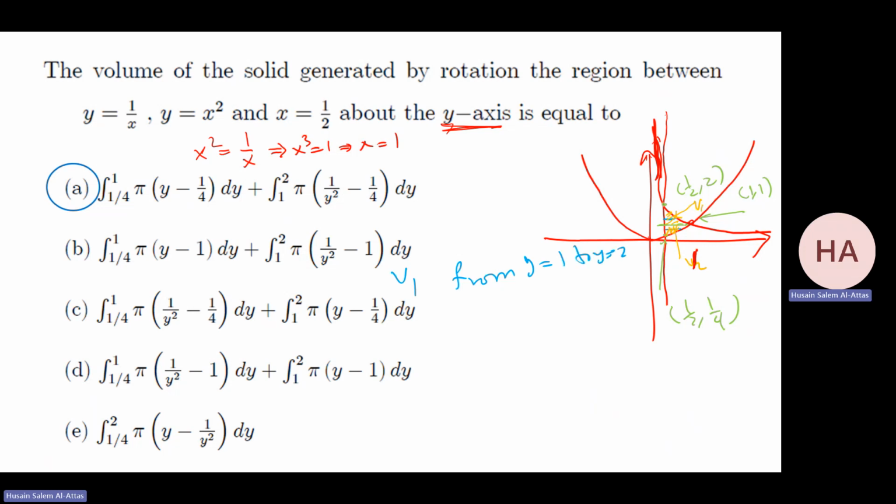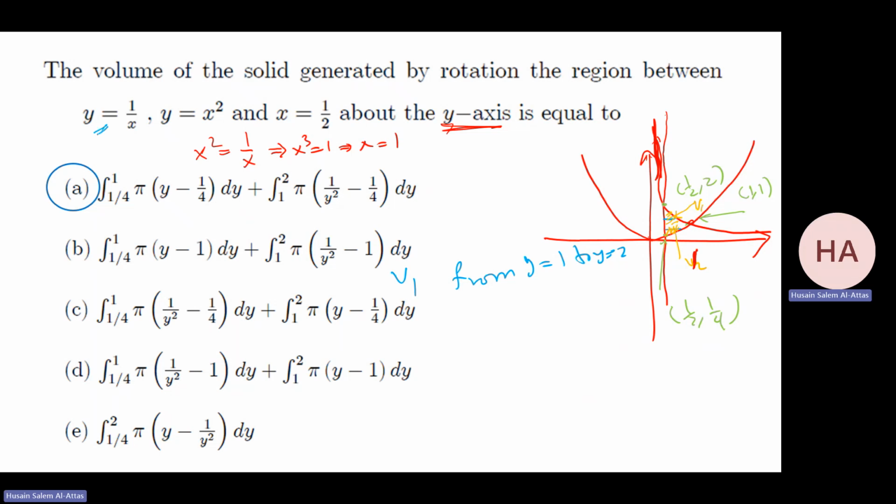Looking at this region, the upper is 1 over x in terms of y. I need to change everything in terms of y.